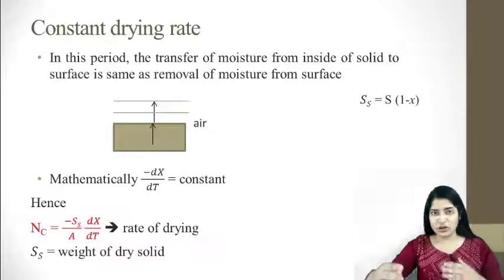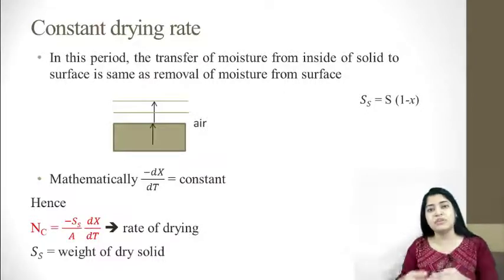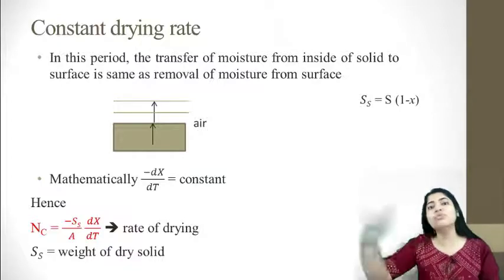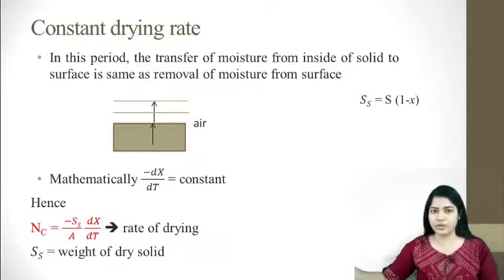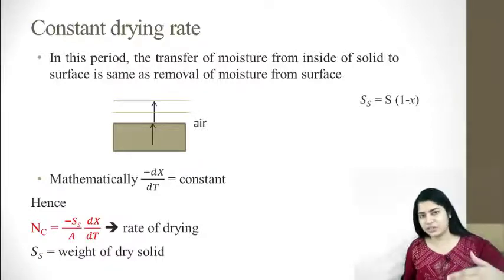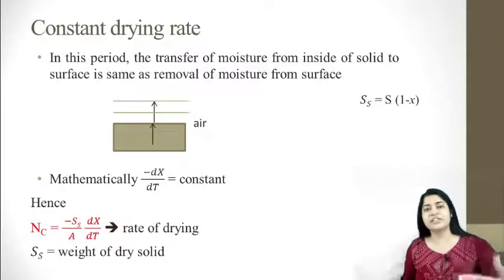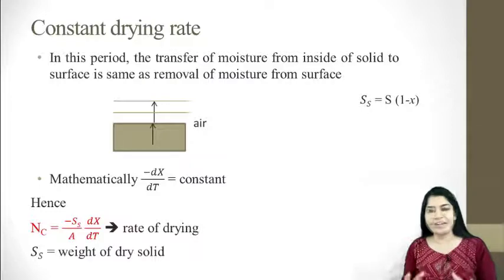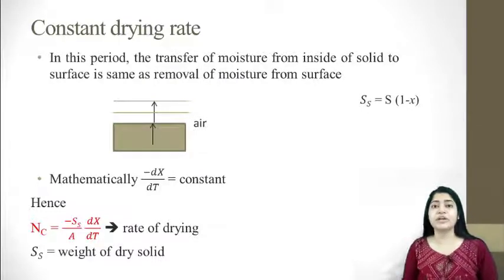That transfer of moisture to the surface would be equal to the moisture which is removed from the surface and going to air. So here you can see in the example, from the body it is reaching the surface, then from the surface it is transferring into air. So that rate is equal. It means mathematically your drying rate is constant, right?